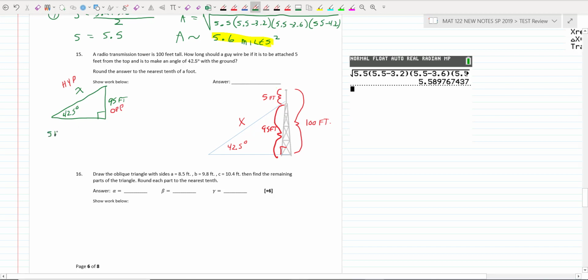So you would have sine 42.5 degrees is equal to 95 over x. You would solve this equation. You can cross multiply. So you would have x times sine of 42.5 degrees equals 95. Divide by the sine, you would get x equals 95 over the sine of 42.5 degrees.